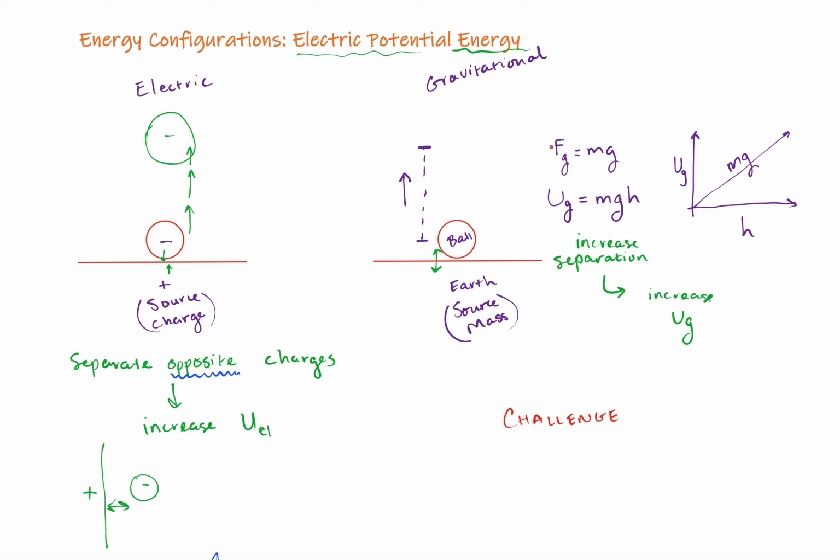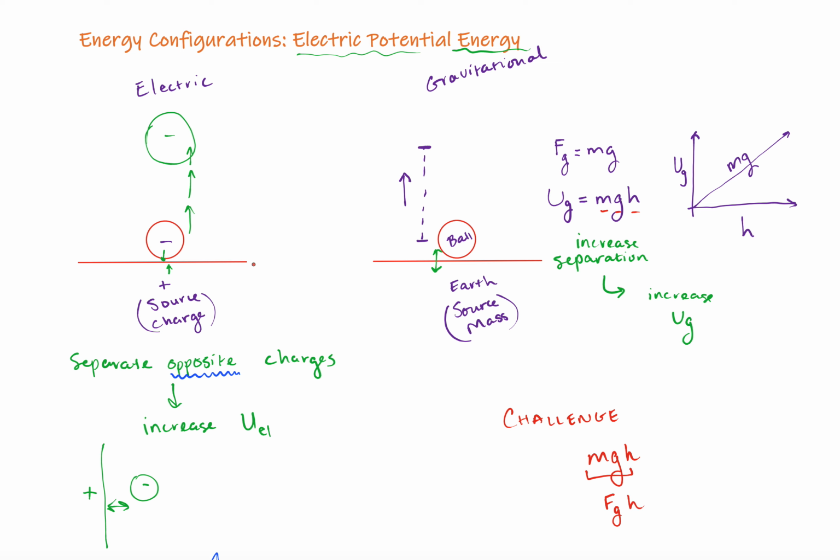So if I look at this scenario over here, and I say that the gravitational potential energy is equal to m times g times h, mg of course is the gravitational force, and h is the distance.